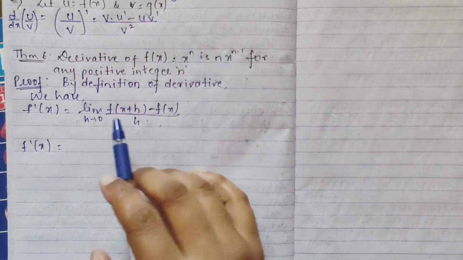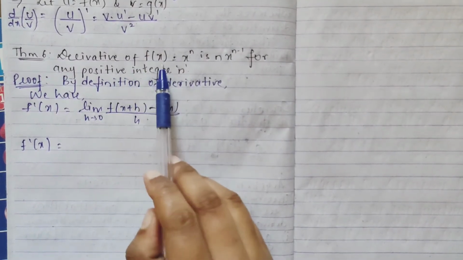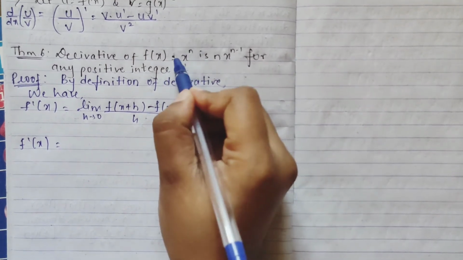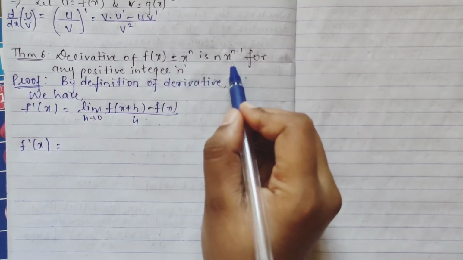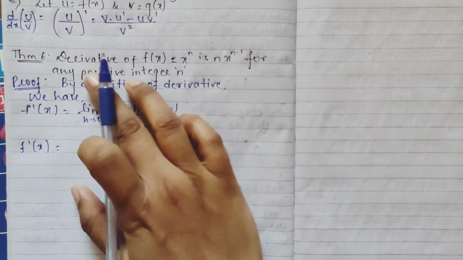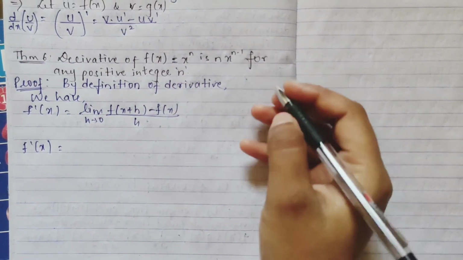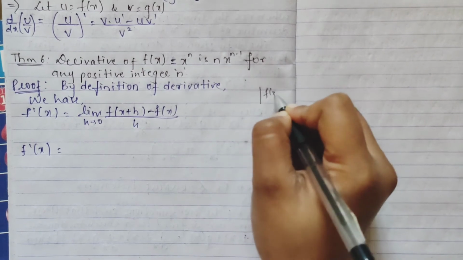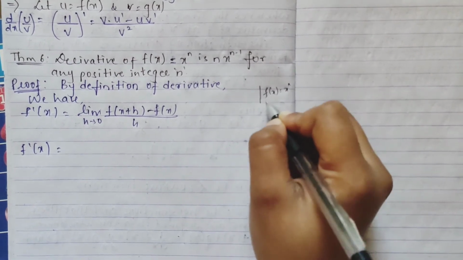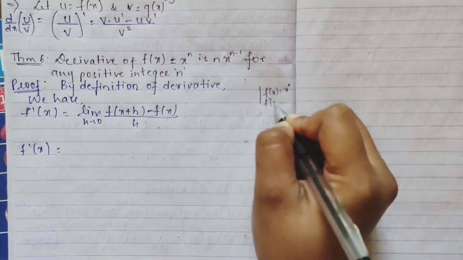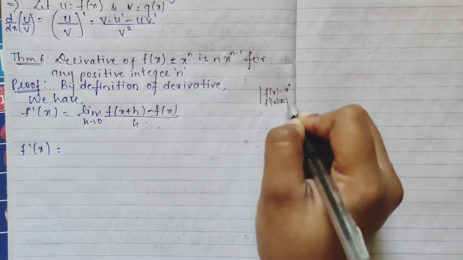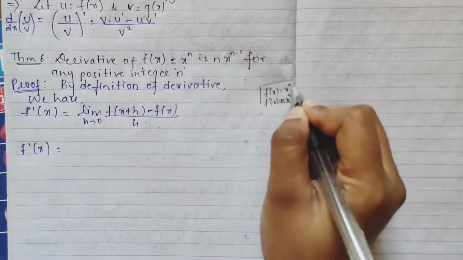Next is theorem 6, that is the derivative of f of x equal to x raised to n is n x raised to n minus 1 for any positive integer n. So what they are telling is, f of x is equal to x raised to n, then its derivative f dash of x will be what? Nothing but n x raised to n minus 1.